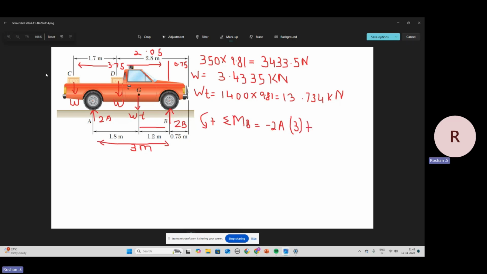Now the weight of carton D to point B will be 2.05.